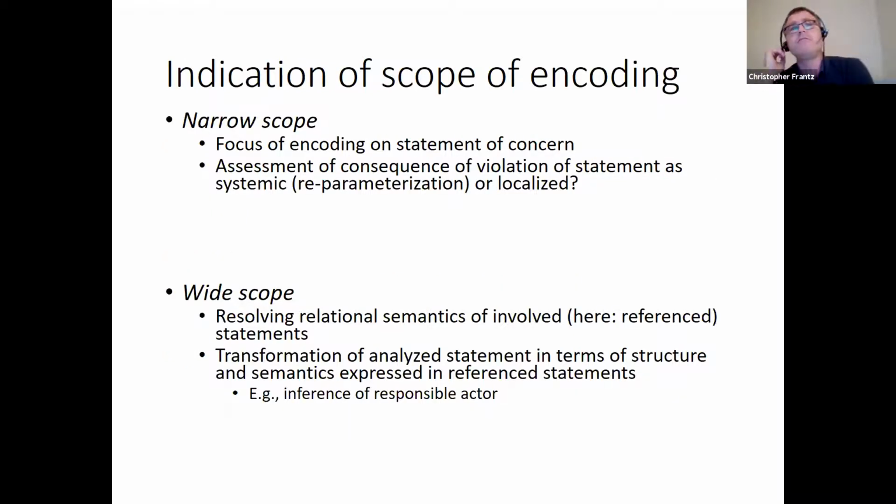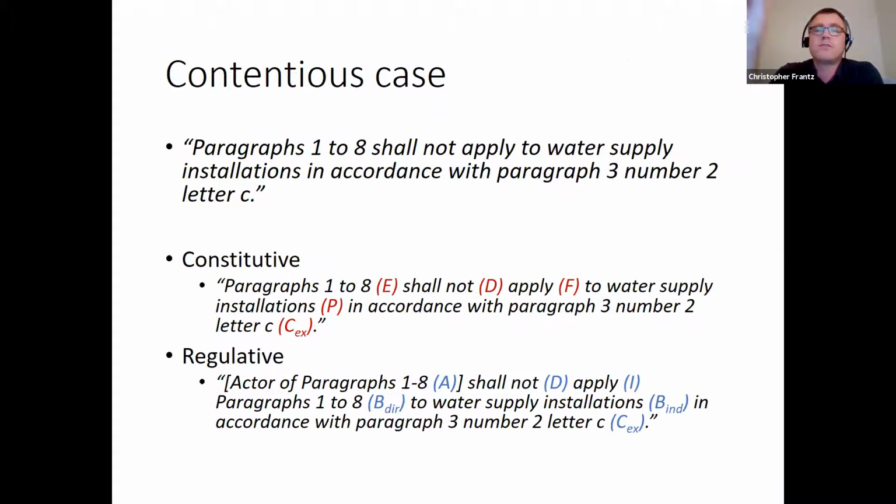If you focus on the individual statement as part of the coding exercise, we narrow the focus of concern, but also reduce the unit of analysis back to the single statement we are actually interested in, and we can then analyze the consequence of a possible violation. If we assume that we only analyze the individual statement here, as called out at the beginning, paragraphs 1 to 8, there's no explicit characterization of consequence in the first place.